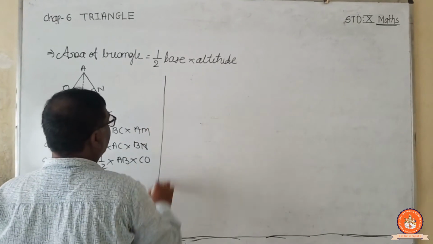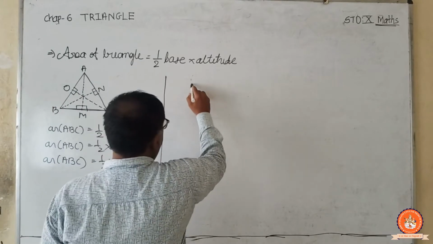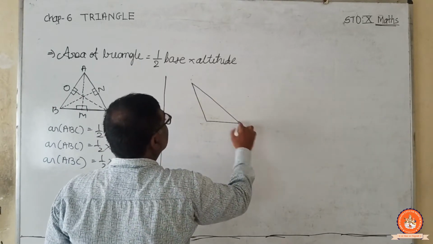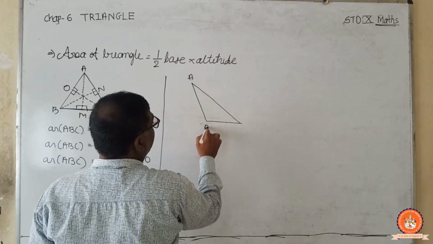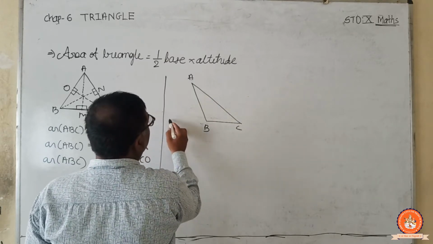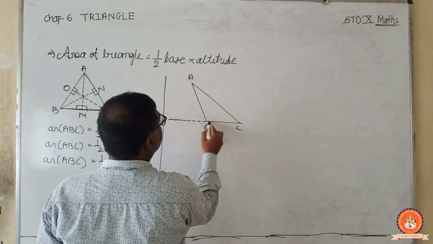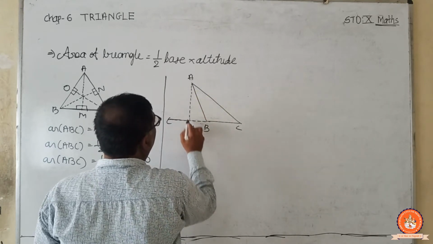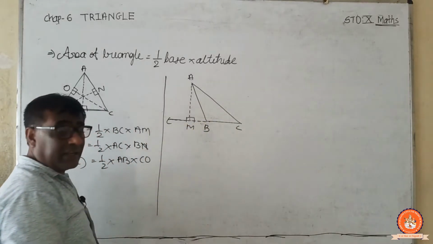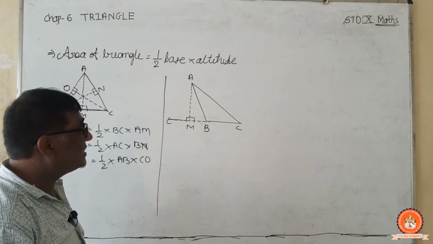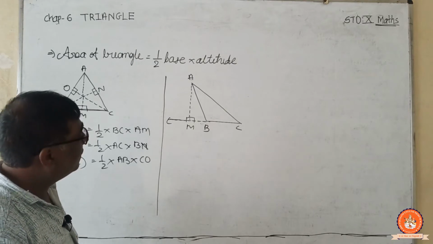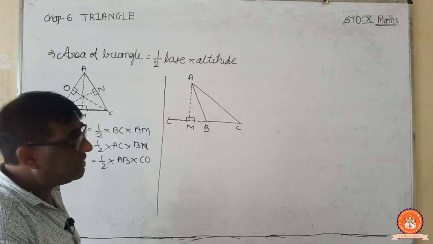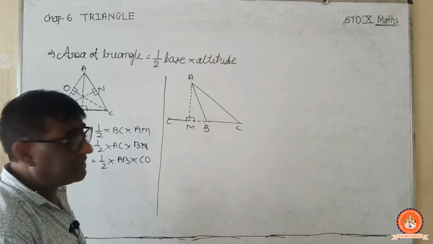Now this is about acute angle triangle. Now if we think of obtuse angle triangle, look at this, it's ABC. In case of obtuse angle triangle, there can be an altitude which is not inside the triangle, it is not interior to the triangle, it's exterior to the triangle.